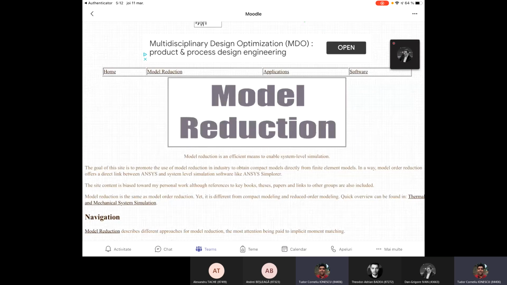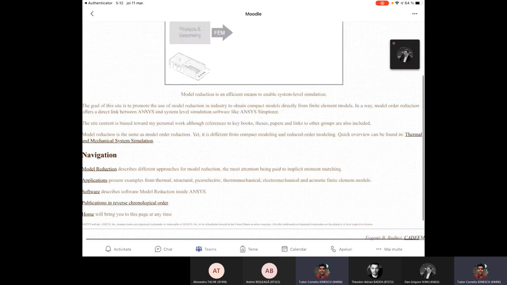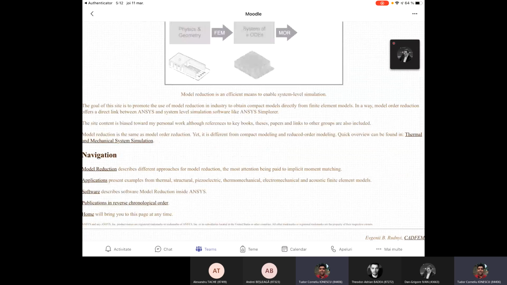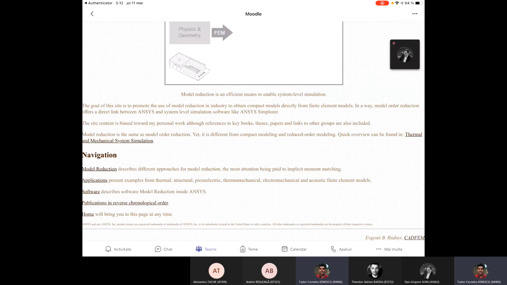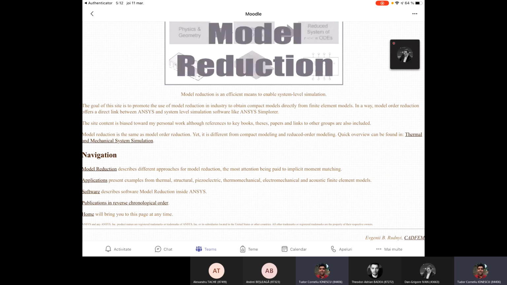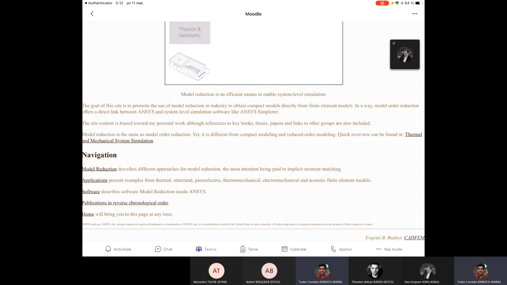Okay, so let's see what they say here. So the goal of this site is to promote the use of model reduction in industry. And I'm going to add here for our friends in economy as well, or econometrics as well, to get compact models directly from finite element models.